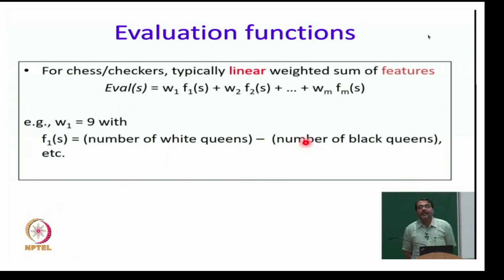So it is saying it's typically a linear weighted sum of the features. Winning depends on how many features in chess? Let's say F1, F2, F3, and F4. What are those? F1 means how many units of players I have. In chess it depends on how many players you have and what their quality is, whether they are queens, pawns, or horses, and all those, right?